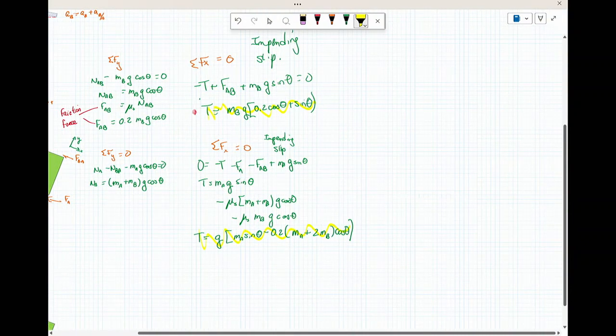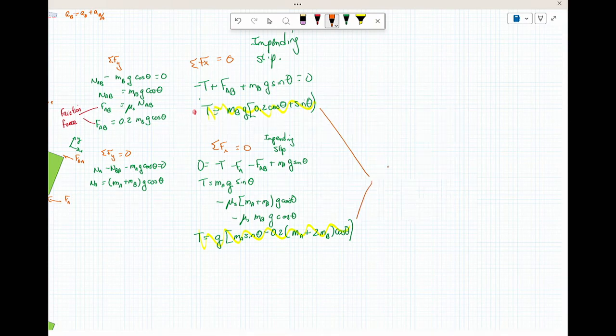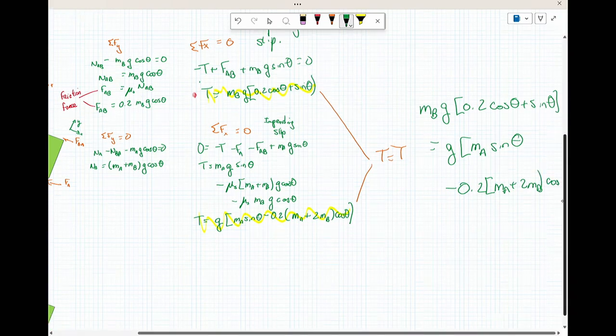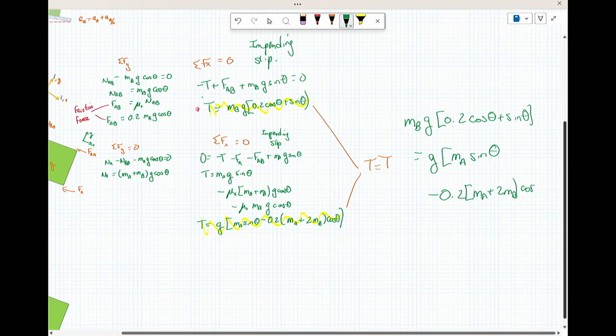So g(0.2 cos theta plus sine theta) equals g(MA sine theta minus 0.2(MA plus 2 MB) cos theta).